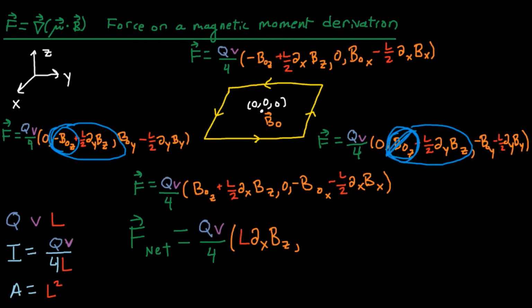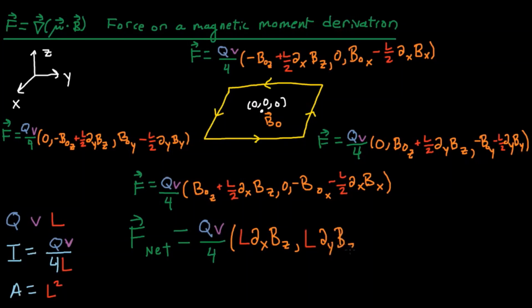Then it's the term proportional to L which adds. So for F net, in the y component, we have L partial y Bz.